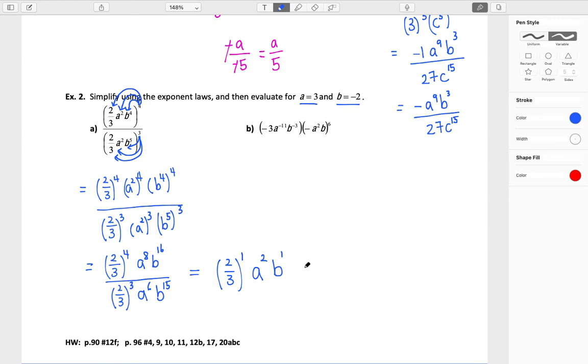Okay, good. Now we can simplify. Anything to the power of 1 is just invisible. So 2 over 3, a squared, b. If you want, I could put it right beside it, or you could write it in the numerator, but not the denominator. Remember, it's 2 over 1, b over 1, right? So I could put it as 2a squared b over 3 if you like.